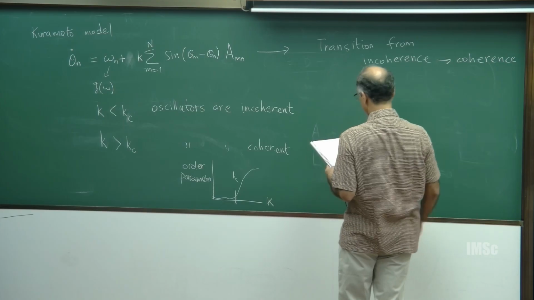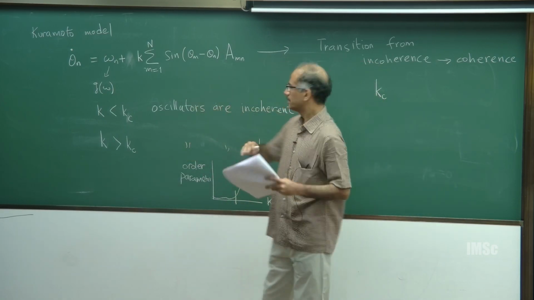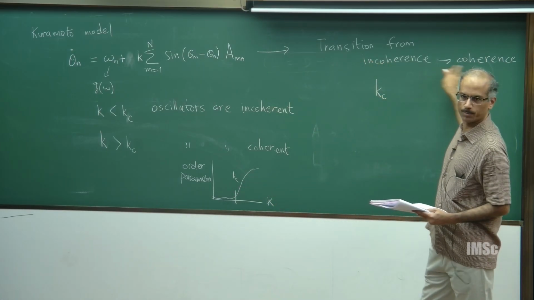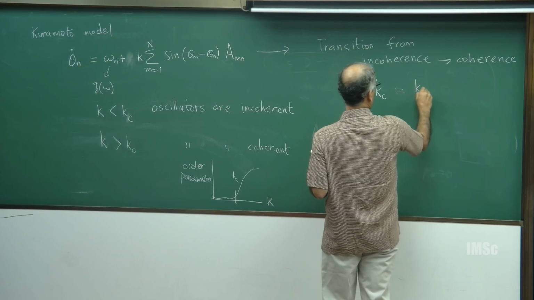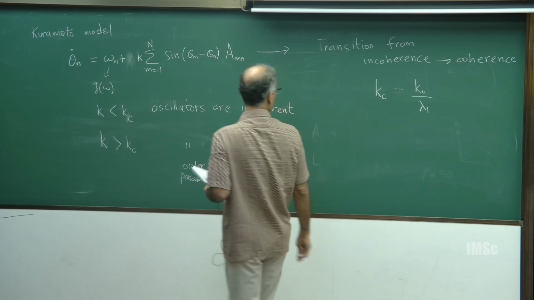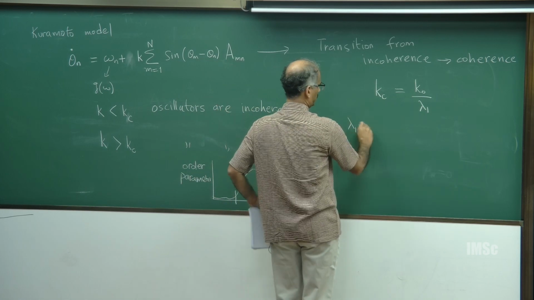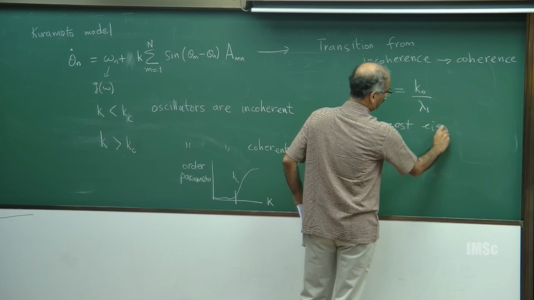In this case it turns out that this Kc, the critical value at which it transitions from this property to this property, is actually given by K0 divided by lambda 1, where lambda 1 is the largest eigenvalue of A.